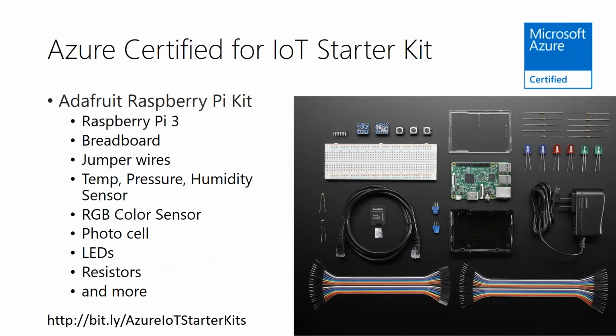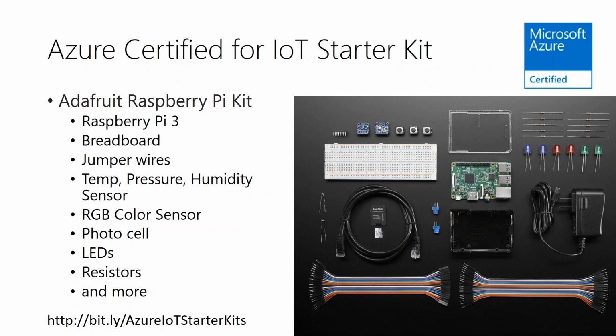There's a few starter kits available out there. One of them is the Azure Certified for IoT Starter Kit for Raspberry Pi, sold by a company called Adafruit. You can buy it with or without a Raspberry Pi 3.